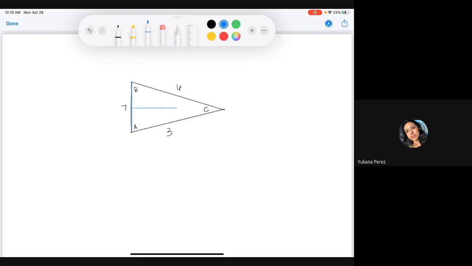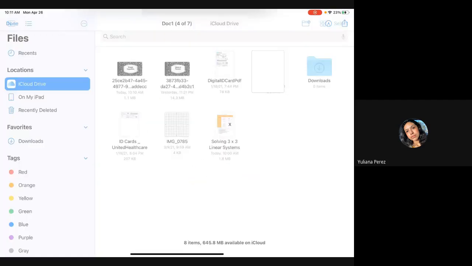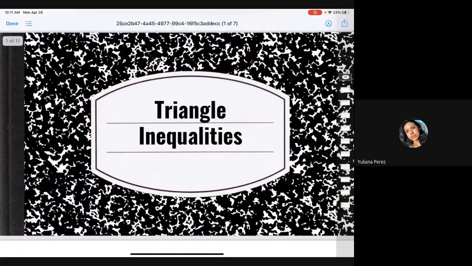Opposite it is angle C. So 7 is the largest, which tells us that angle C would also be the largest. Our smallest side is side 3. Opposite that is angle B. So that is our smallest, which also tells us our smallest angle, leaving us with our last set, 6 and 8. Okay? So that's what this theorem allows us to do.